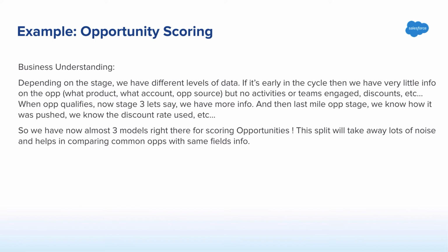So if you think about opportunity scoring, let's say the problem is simply to predict for me if the opportunity is going to close or not. At the surface of it, you could think, all right, give me my opportunities, one data set, all of the opportunities. I have a bunch of fields, and I'm trying to maximize 1 equal true, or minimize 1 equal false, for example.